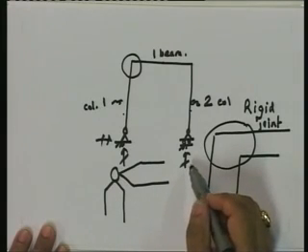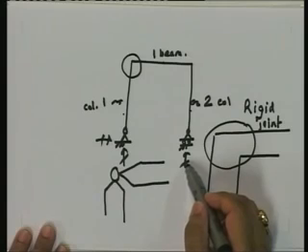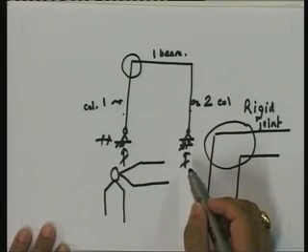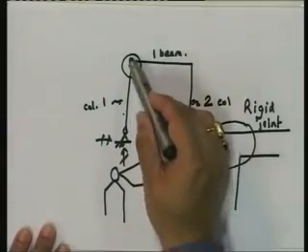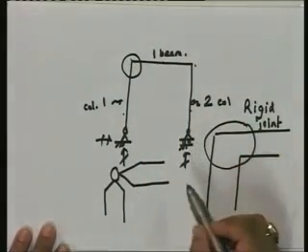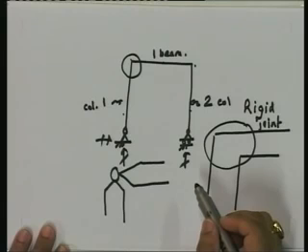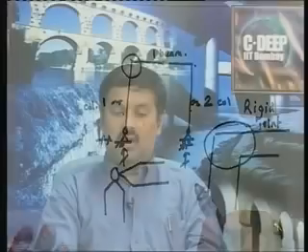M plus r is 3, m is 3. So m plus r is 6. How many joints? 1, 2, 3, 4. So if I use my formula, m plus r minus 2j, j is equal to 4, m plus r is equal to 6. What does that give me? The degree of static indeterminacy is minus 2.